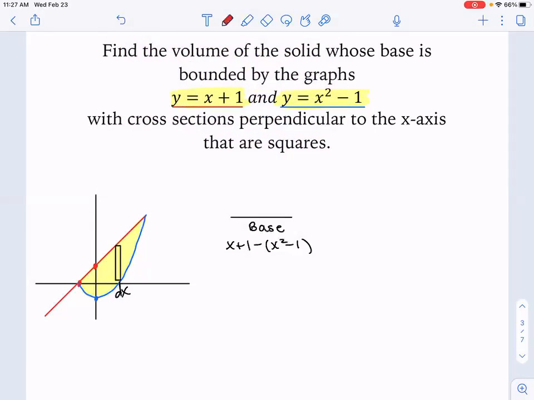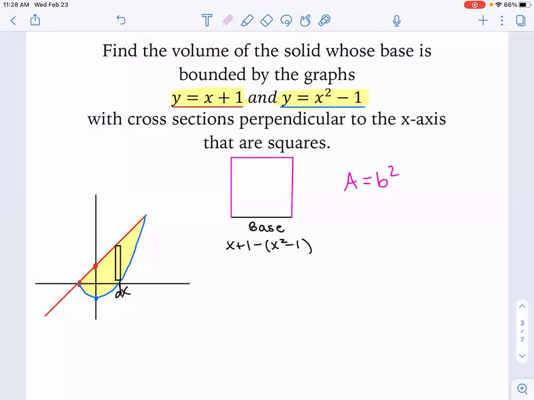Well, we have squares. Okay, so we have a square, and I know that the area of the square is side times side, right? Or in this case, base squared.